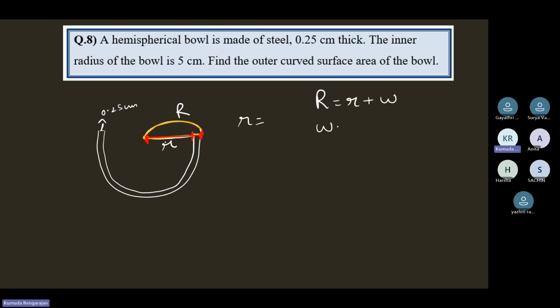So what is thickness? It is basically the difference between the two radii. Thickness is outer radius minus the inner radius. And the inner radius will be the outer radius minus the thickness. Everything from this one, just transpose and you will get all the relations.